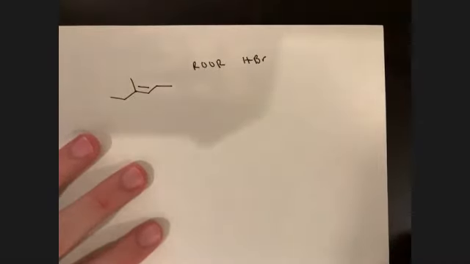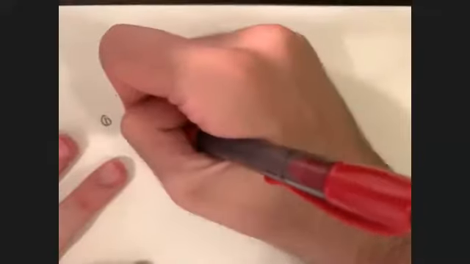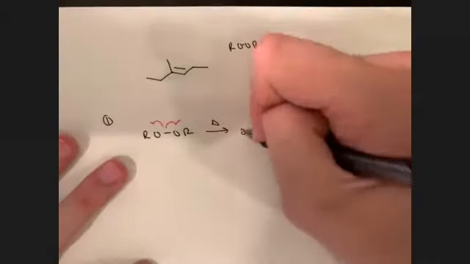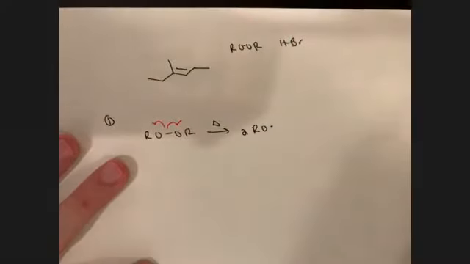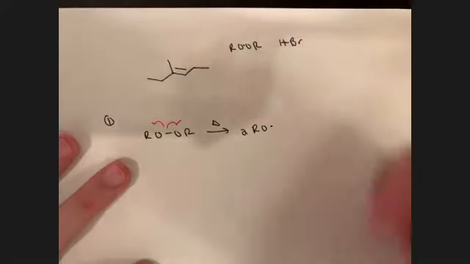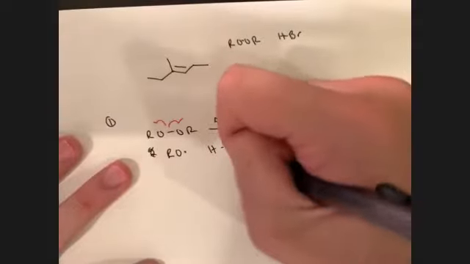These are our main players going on here. Essentially what's going to happen first is we're going to have this heat source, and it's going to homolytically cleave this peroxide. So 2 of those, essentially. Then that is going to react with the other reagent that we have, HBr.